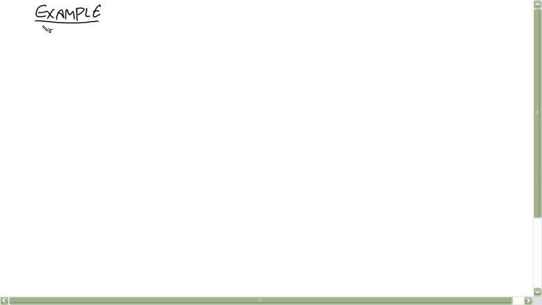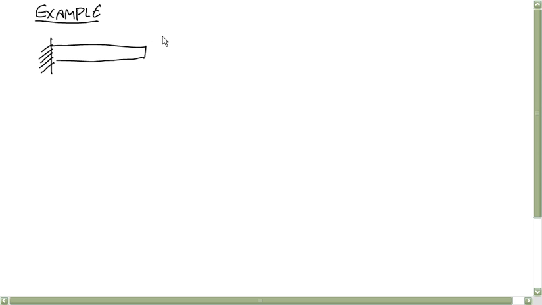Okay. So let's say that we have a cantilever beam, it's straight. So it's glued or fixed to the wall. It can't rotate or translate.